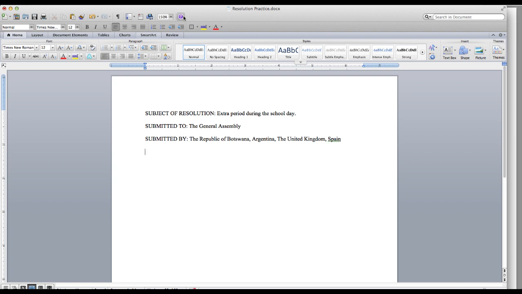And then as we go down, you would just want to indent once and then say who you are addressing this to. And so we would say to the General Assembly. And at this point, this is where our preambular clauses would come in. So, for the subject of an extra period during the day, we're going to start with something that says why we feel this should happen. And so we're going to say concerned, and yes, this part is in italics, the rest is not.